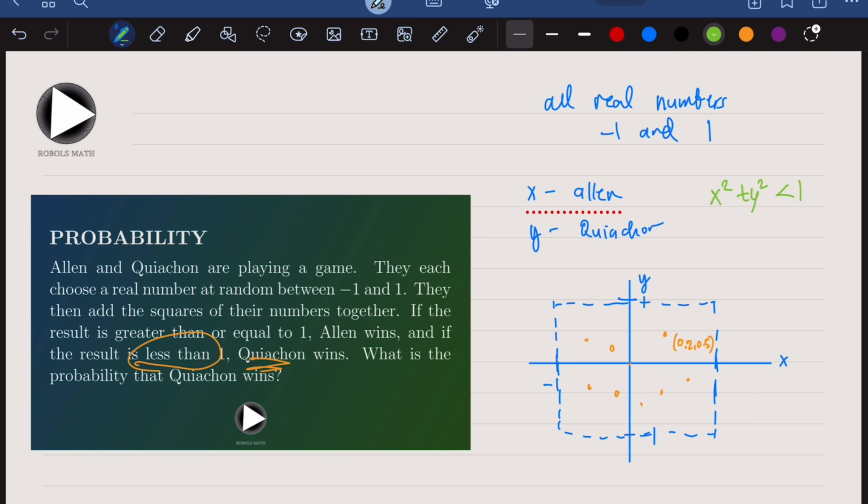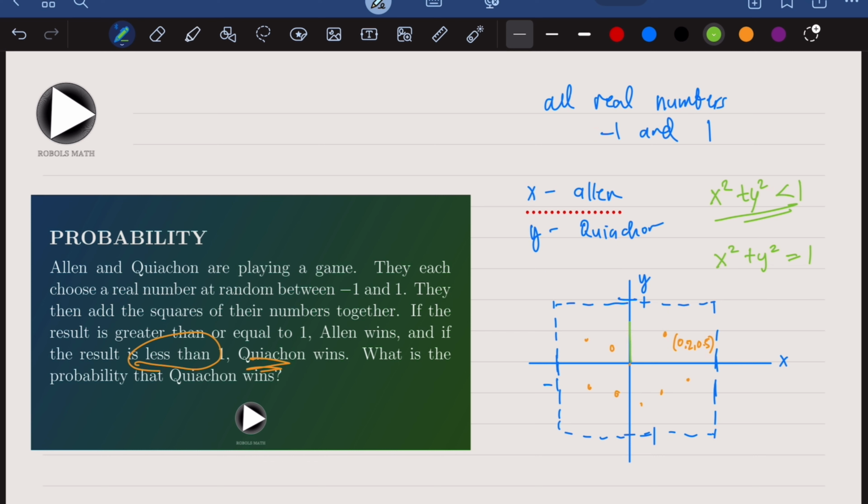Now recall from your analytic geometry class that this case has a boundary curve x squared plus y squared equals 1. That boundary curve is a circle with radius 1.